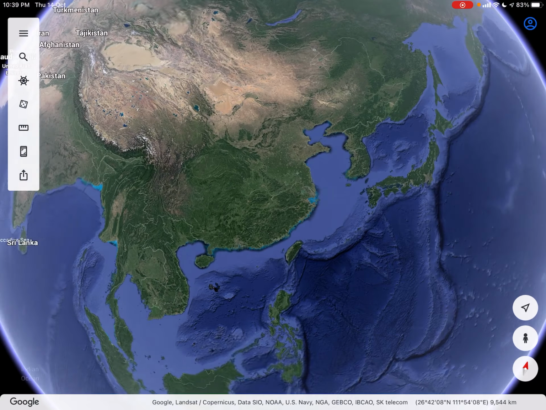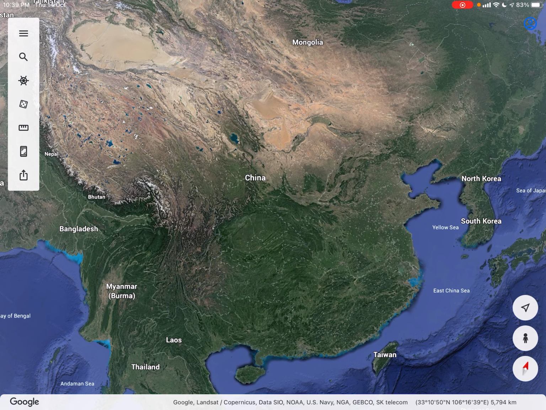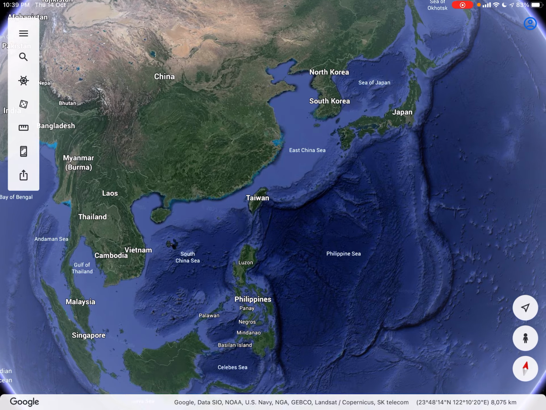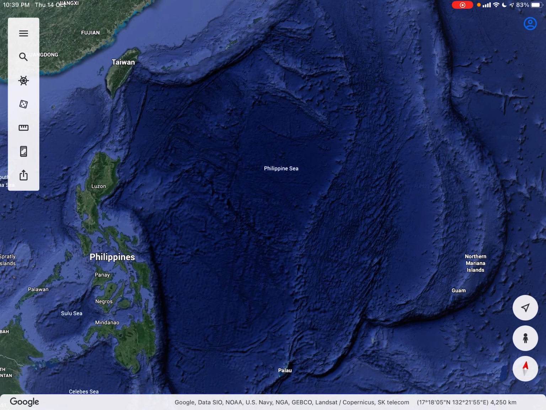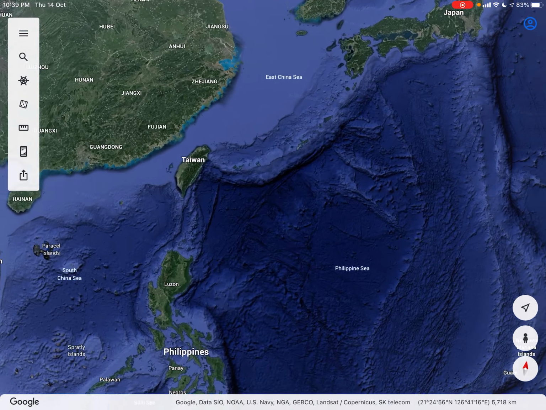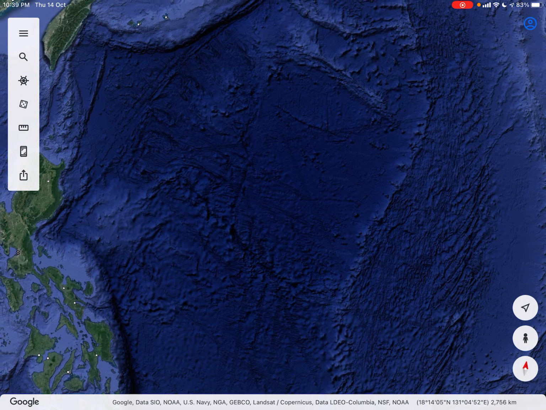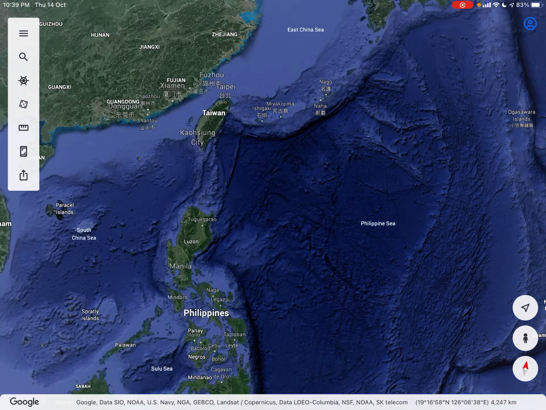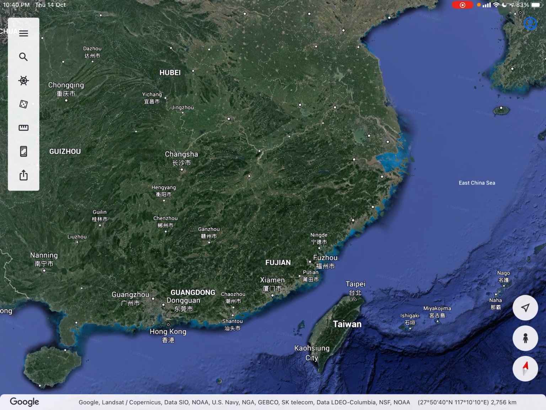Since we have a large sea next to China, and China is also a large landmass, during the summer, this part is cooler. Just like when you go to the swimming pool, before you jump into the water it is definitely cooler, and when you are walking on the floor next to the swimming pool, it's very hot.